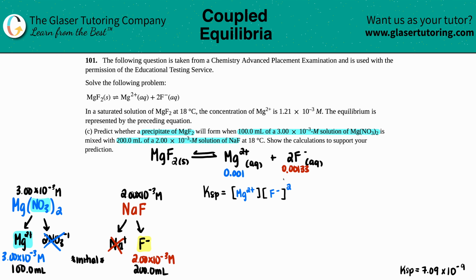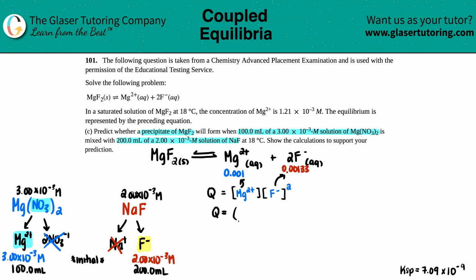Now, remember, I don't know if I'm at equilibrium. If I'm at equilibrium, I'm going to label this as KSP. But I don't know if I'm at equilibrium with these random numbers. So instead of solving for the KSP, we solve for Q. The Mg2+ is 0.001, and the F minus is the 0.00133.